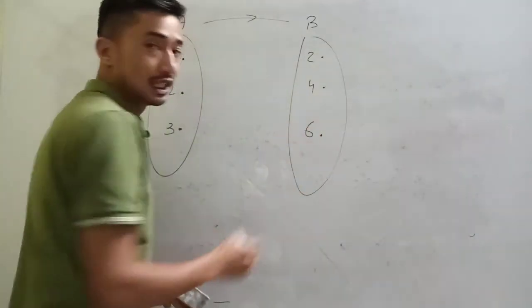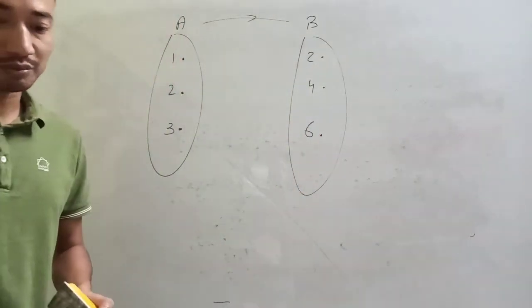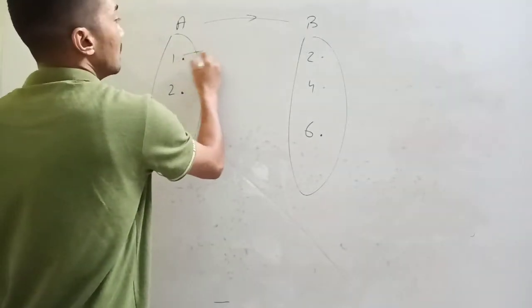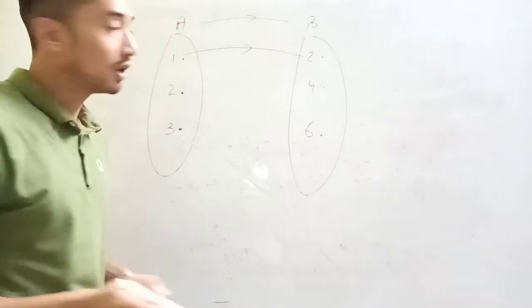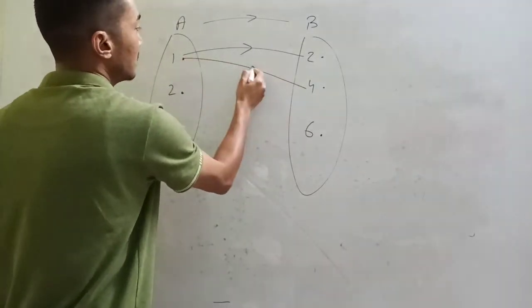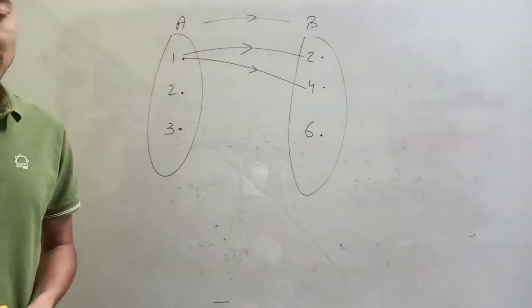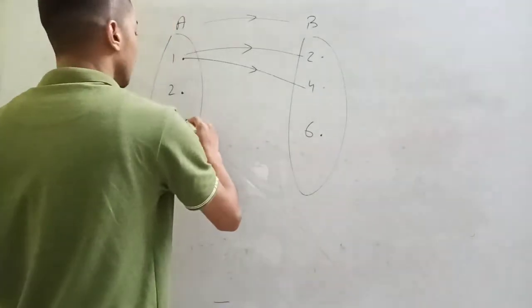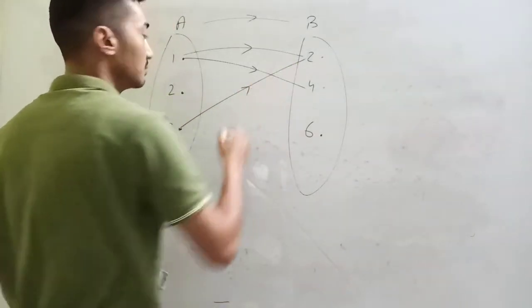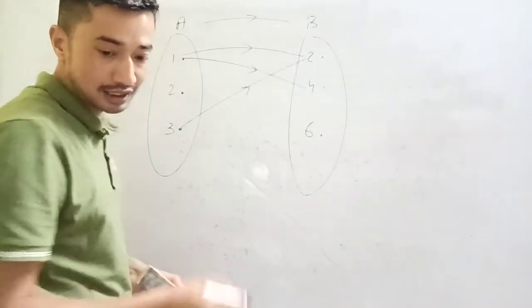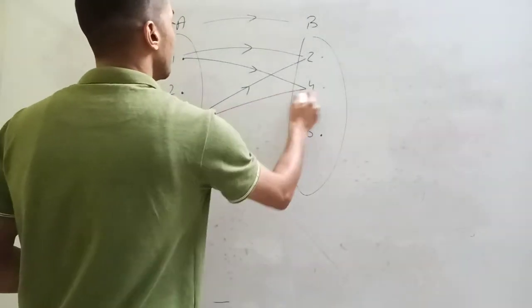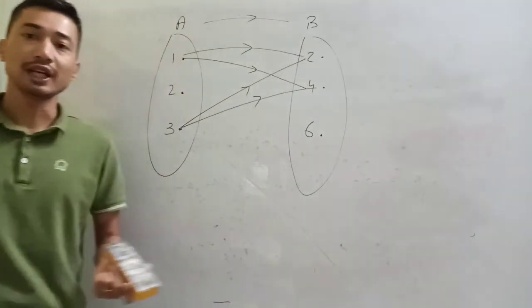For the first ordered pair (1,2), mark an arrow from 1 to 2. Next, (1,4). Done. Next, (3,2), an arrow from 3 to 2. Next, (3,4). That's it. That will be the arrow diagram.